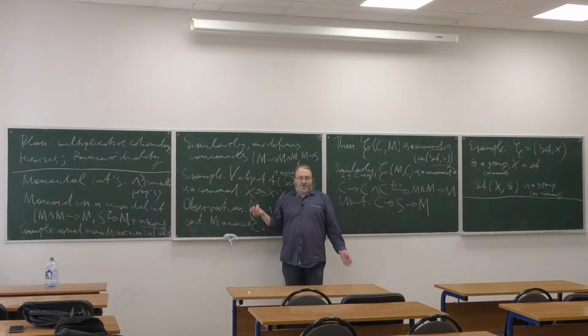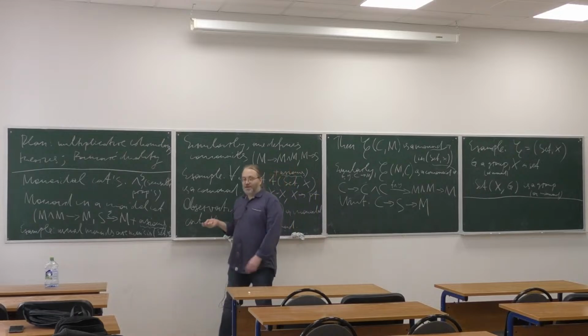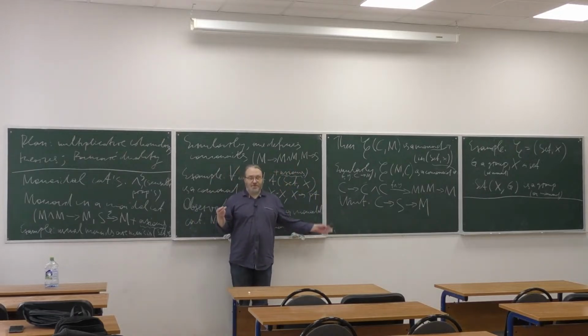And what is this structure? Well, this is the Cartesian structure. And what's the Cartesian monoidal structure? Well, it's the monoidal structure given by A tensor B is equal to the limit of the maps from A and B to the terminal object.